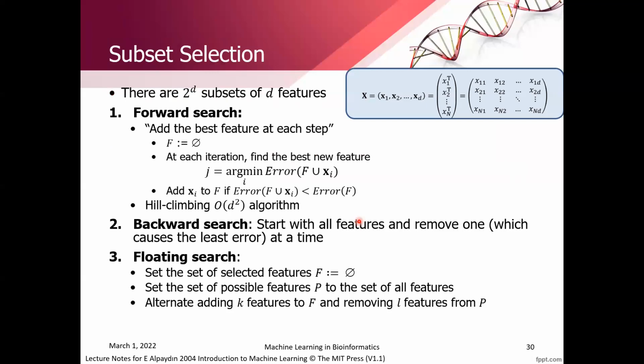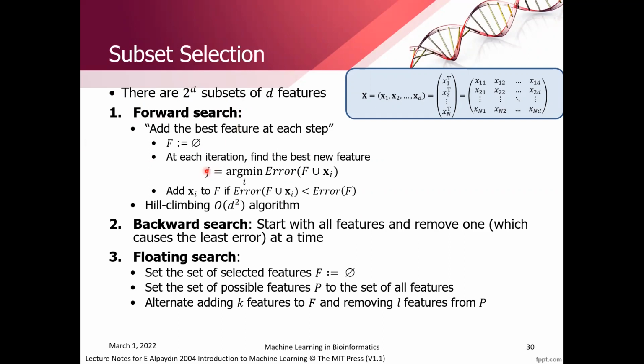So let us look at feature selection. Subset selection algorithms are a group of algorithms, not only one. It's extremely simple. Here we have 3 approaches. The first one is forward search.